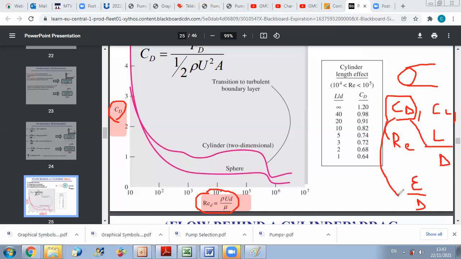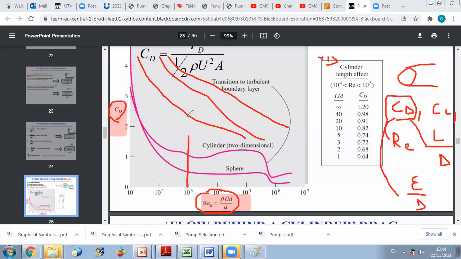What you can do is fix epsilon over D, for example, and just vary L over D, and draw several graphs for different values of L over D. For each L over D value, I will get a graph, and then I can read for a certain Reynolds number what the drag coefficient will be.